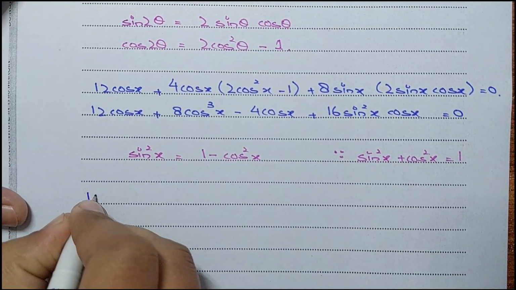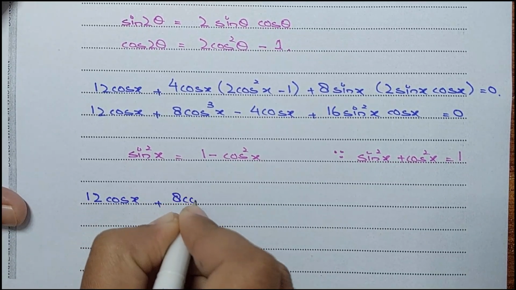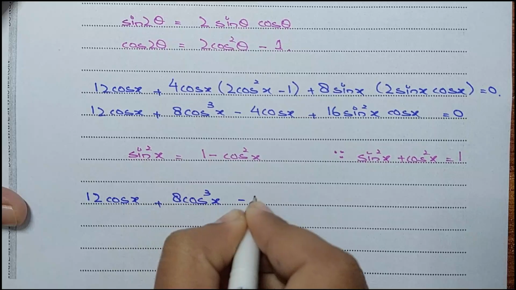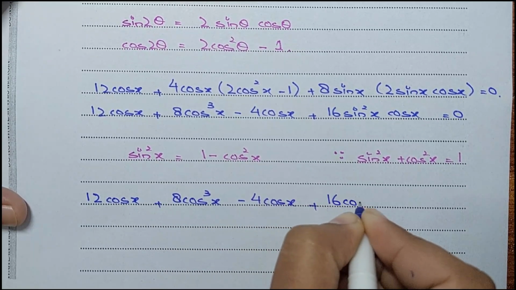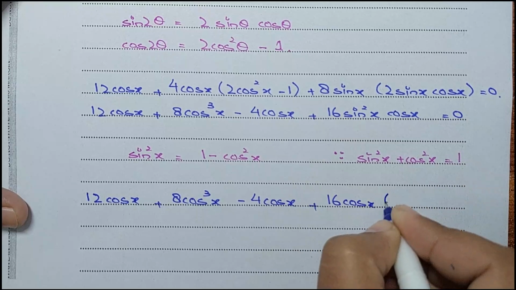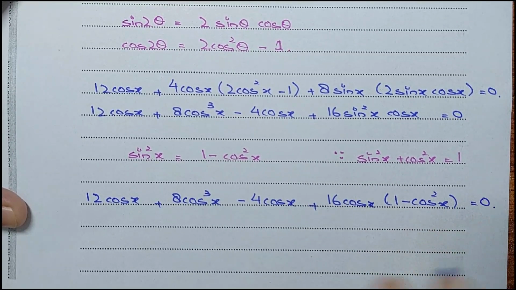Now let me substitute the value. So 12 cos x as it is, plus 8 cos cube x minus 4 cos x, plus 16 cos x as it is, and sin square becomes 1 minus cos square x, equals 0.